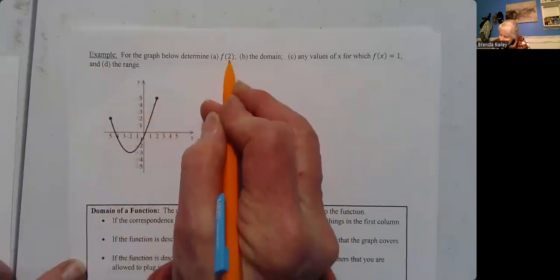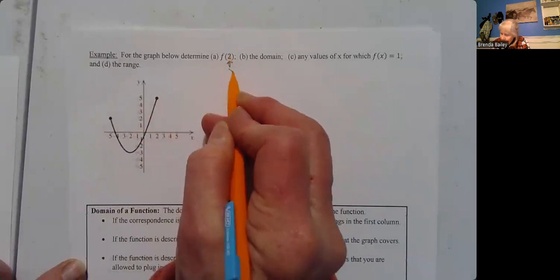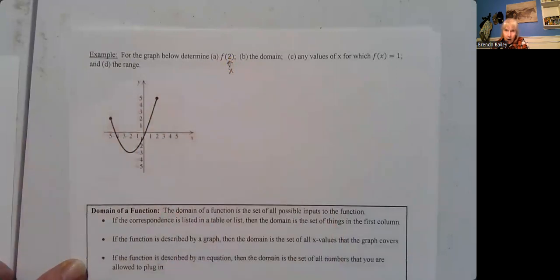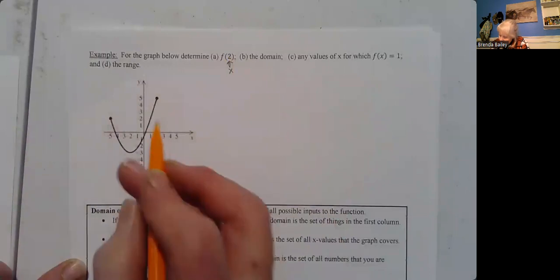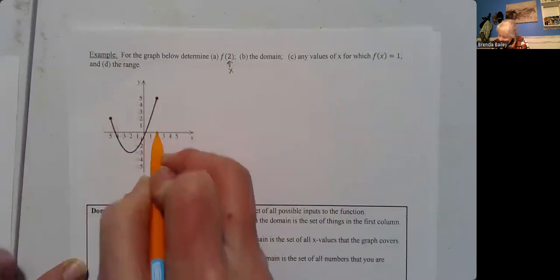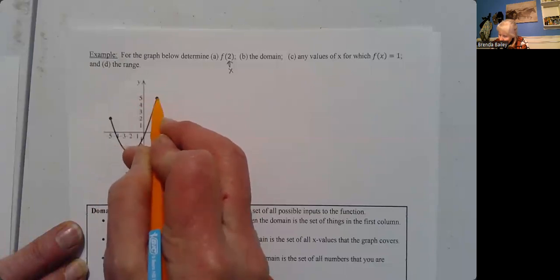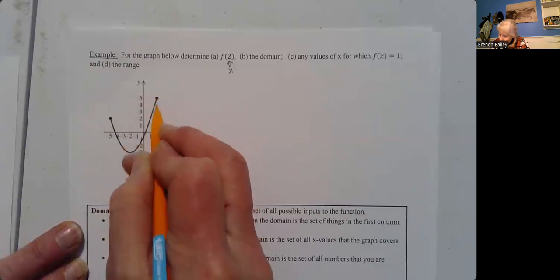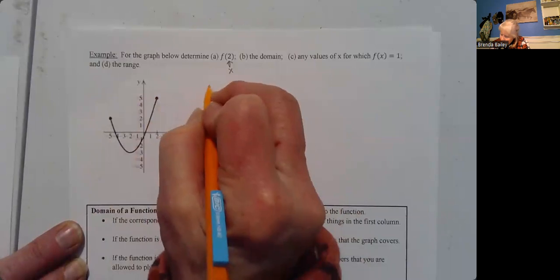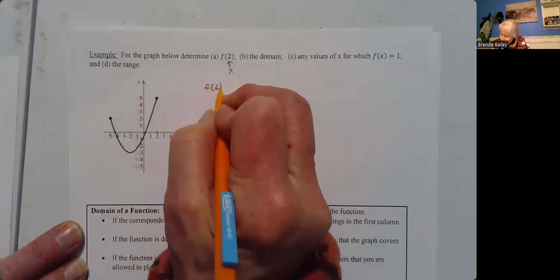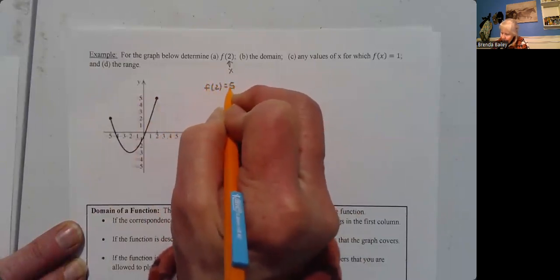That number is always the x, and they're asking you for the y. So you go to 2 on the x, you go up, the answer is 5. If you put in 2, you get 5. So f of 2 equals 5.